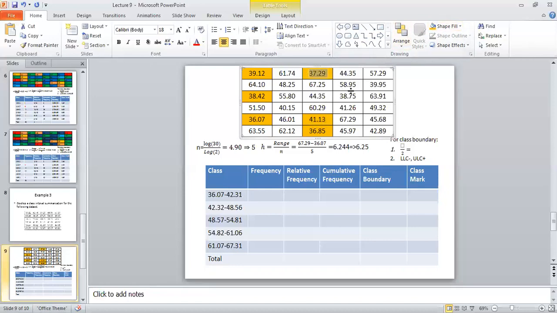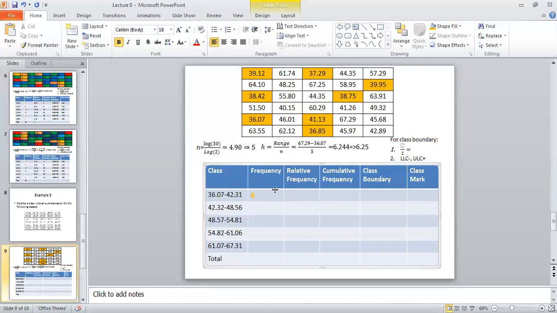Then 36 to 42, 38 should be part of it, and no other value in this column. 36 to 42, 39 should be part of it. Now there's 42.89, but we have limited to 42.31, so that's it. Now we count all the yellow cells: 1, 2, 3, 4, 5, 6, 7, 8, and the frequency comes out to be 8.